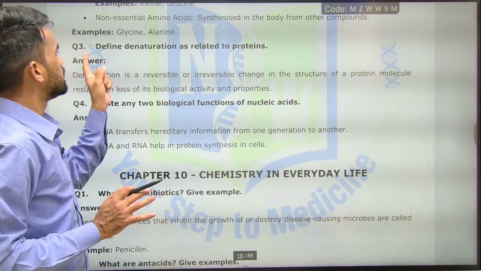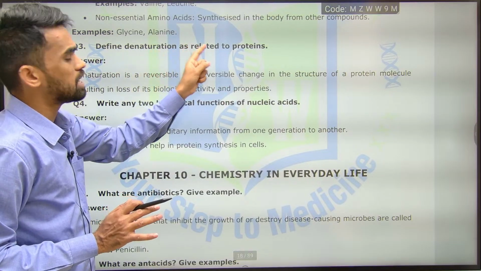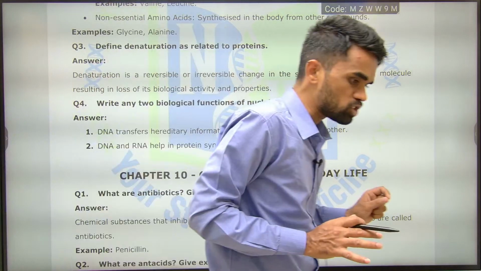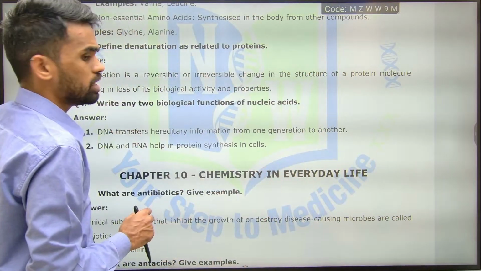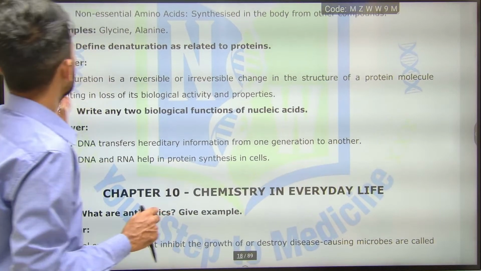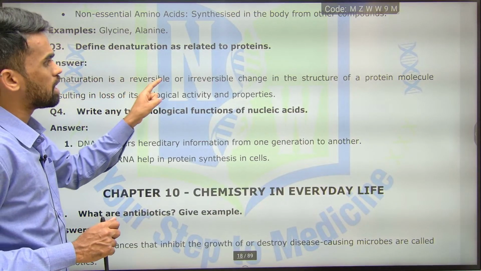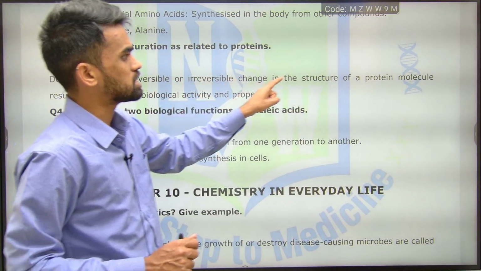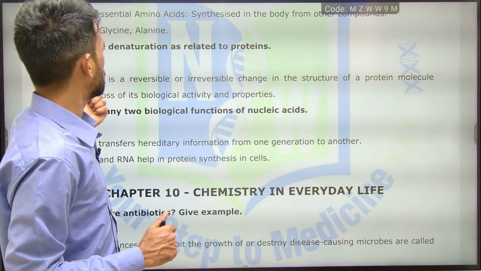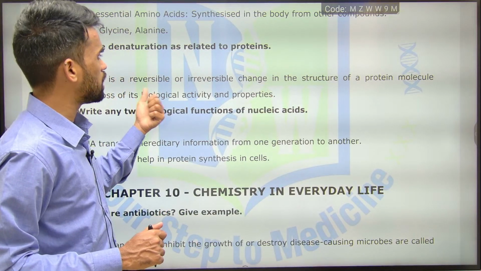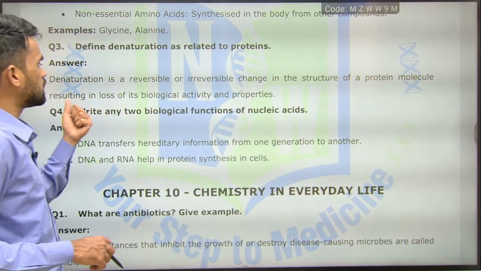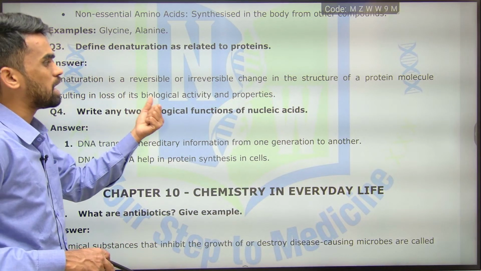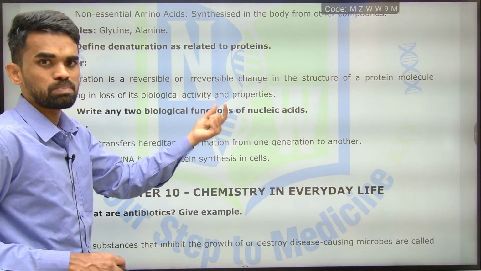Next, define denaturation as related to proteins. So what is denaturation? Just read this. Denaturation is a reversible or irreversible change in the structure of a protein molecule, resulting in the loss of its biological activity and properties.